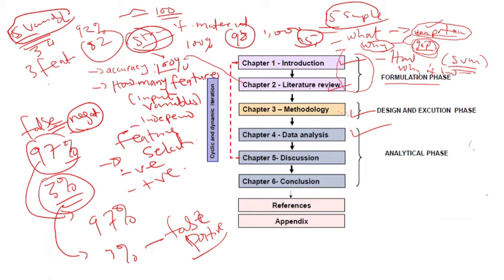Then you spell it down in a very nicely sketched flowchart, flow diagram, block diagram, and so many other ways you can use to describe the methodology. Let us know the flow of your experiment, how you move from one stage to another. A pictorial representation is sometimes more interesting and easier to follow than writing so much text to describe the methodology.